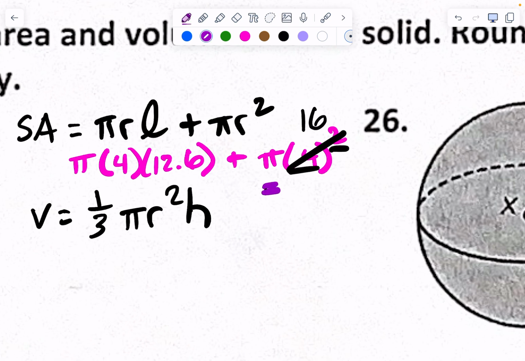If I were you, I would practice typing that in. Pi times 4 times 12.6 plus pi times 16. I got 208.6. Is that what you said, Trevin?